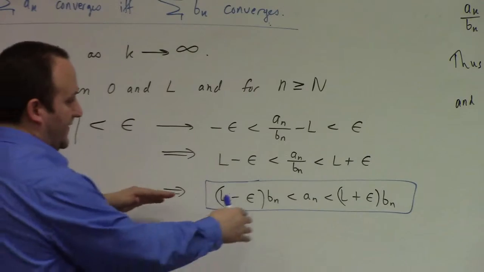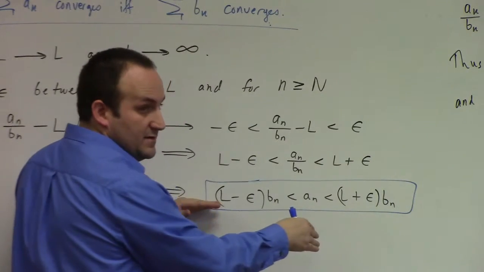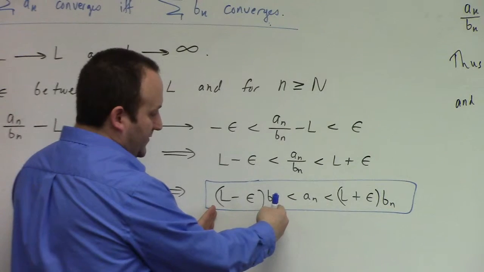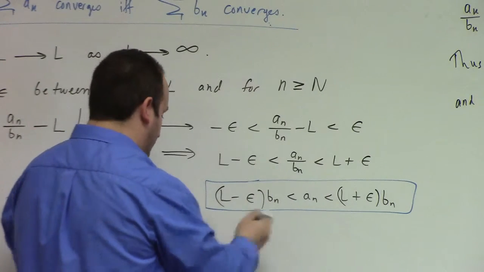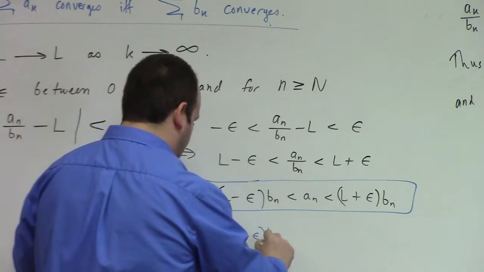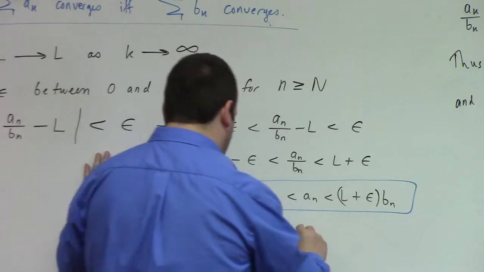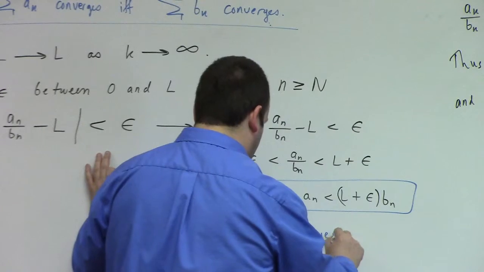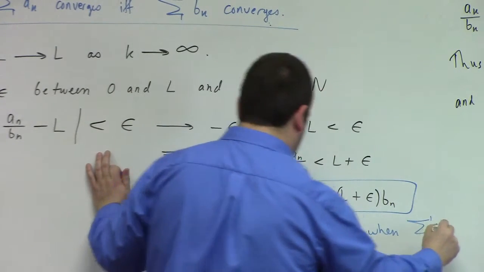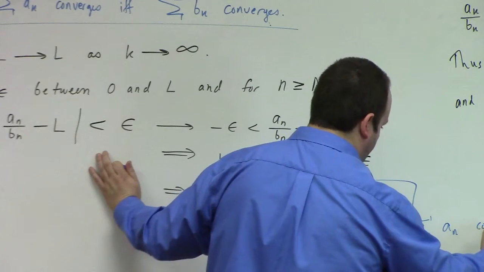If the sum of a sub n converges, right? Then here we have what? We have some other, you can think about the sum of L minus epsilon times b sub n converges when the sum of a sub n converges.